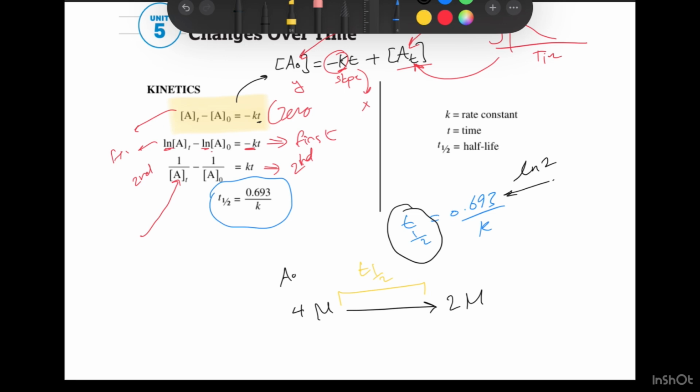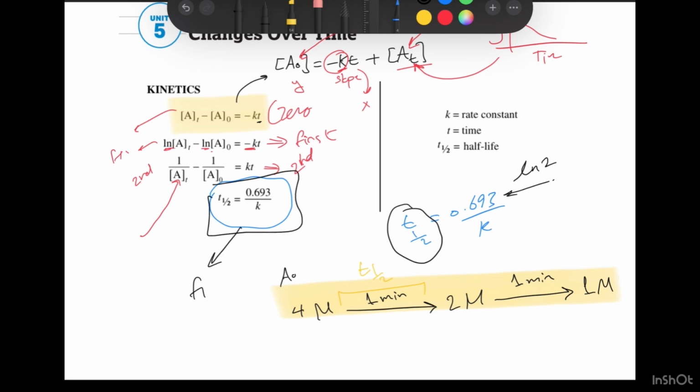And keep in mind one more thing. For example, if the t half is, let's say, 1 minute, then it's going to be 1 minute here as well. But this case is only for the first order reaction. So this law is applied only for the first order.